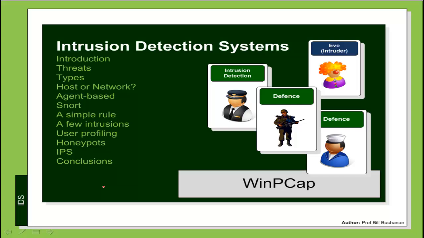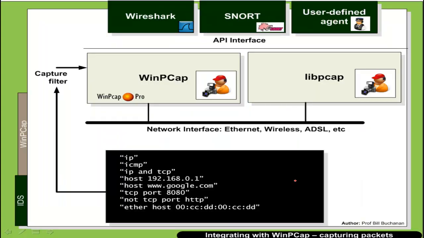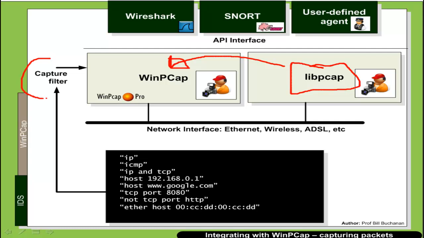The intrusion detection system itself must capture data packets, and one of the most popular methods for Windows is using the WinPCAP library. WinPCAP is a port of the Linux libpcap library and has been ported on to Windows. It typically uses a capture filter, which is a string to define the data packets that are to be captured.